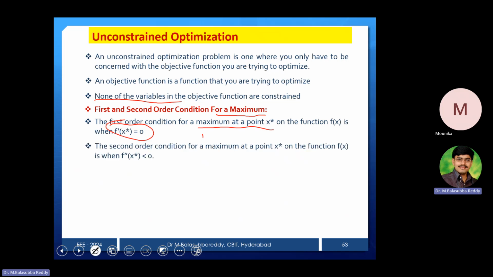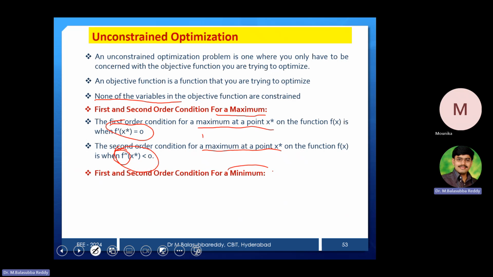And the second order condition for a maximum at x star: f double dash at x star is less than or equal to 0. f double dash means differentiating two times, first differentiation, then second order differentiation, and it is less than 0. That means it is negative.